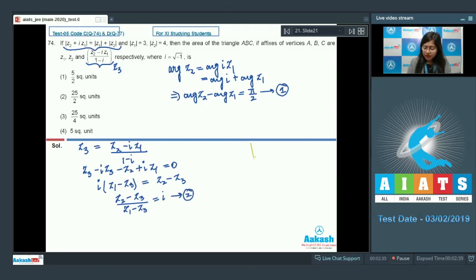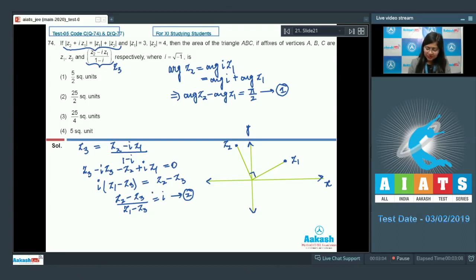Now, from equation 1 and 2, we can draw Z1, Z2 and Z3 on coordinate axis. Let us say this is X and this is Y. So here it is given that argument of Z2 minus argument of Z1 is pi by 2. So it is something like this, where this is Z2 and this is Z1, right? So the angle between them is pi by 2.